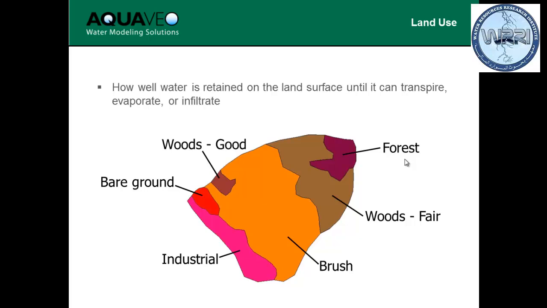Your land use represents how well water is retained on the land surface until it can transpire, evaporate, or infiltrate. So a lot of times land use is going to be used for infiltration parameters as well as evapotranspiration parameters, so evaporation or transpiration.